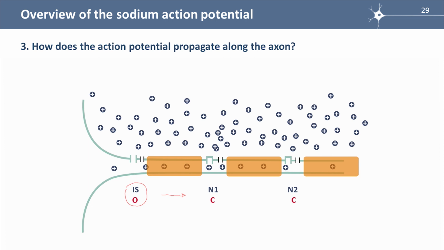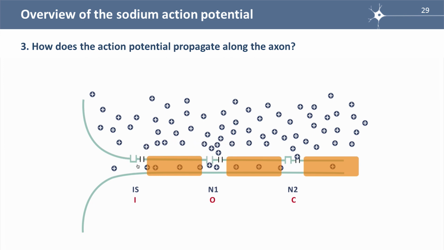Let's have a look. You see here the sodium ions that cross the membrane through the open sodium channels, and that go out as potassium ions through potassium channels that are always open. Now, here, the sodium channels are inactivated, and these sodium channels here open.